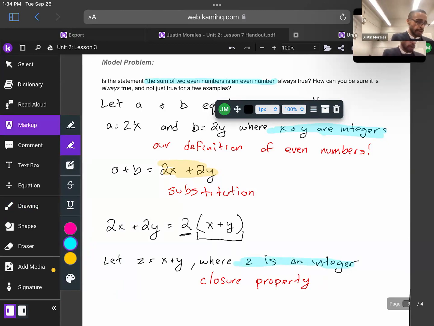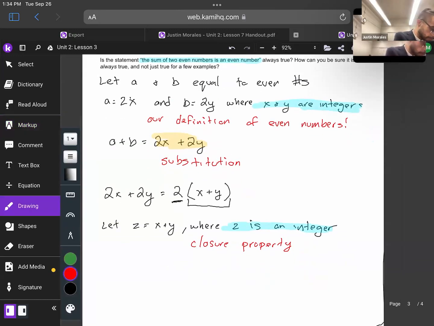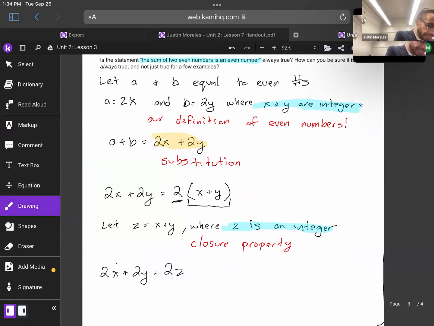So now we're going to substitute that in. We're going to get 2X plus 2Y equals 2Z, because we are substituting once again.